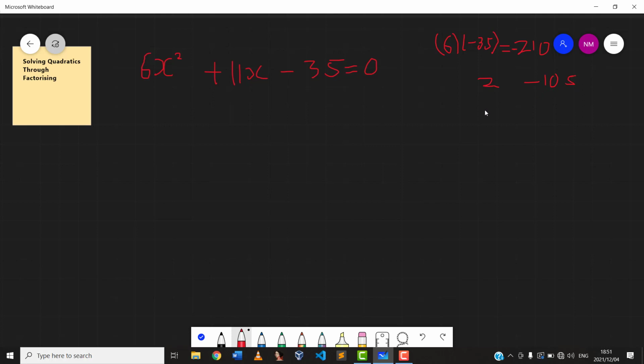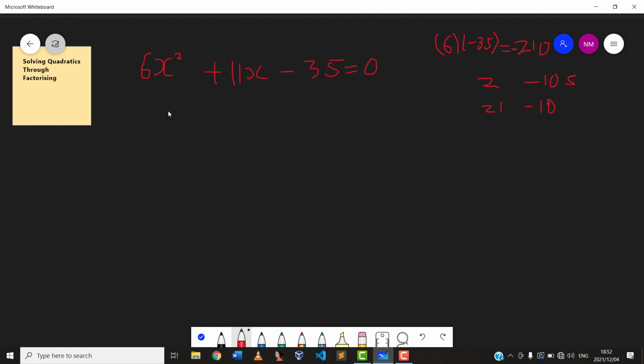You could also have 21 and minus 10, and a lot of other ones, but let's stick to those for now. As we can see, with 21 and minus 10 we can get 11. 21 times minus 10 is the pair of factors that gives minus 210, and if we add them together they give positive 11.